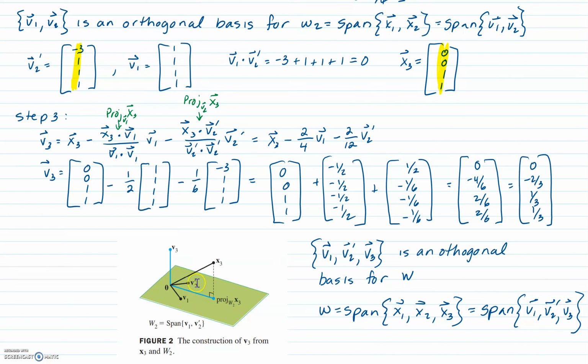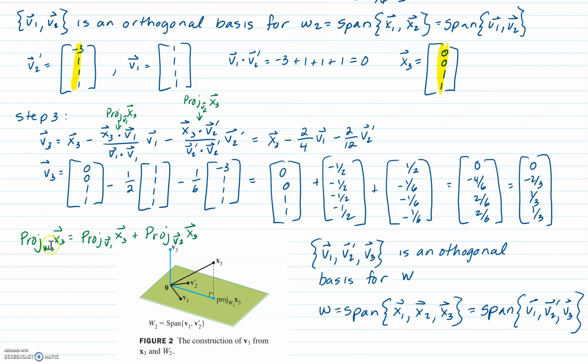What v3 is going to be is we take x3 and subtract off both of those projections. Together they are the projection of x3 onto W2, that plane.